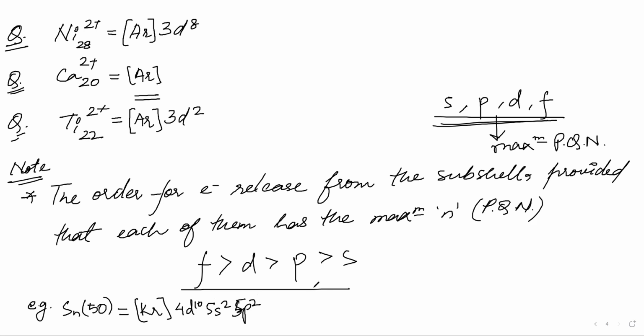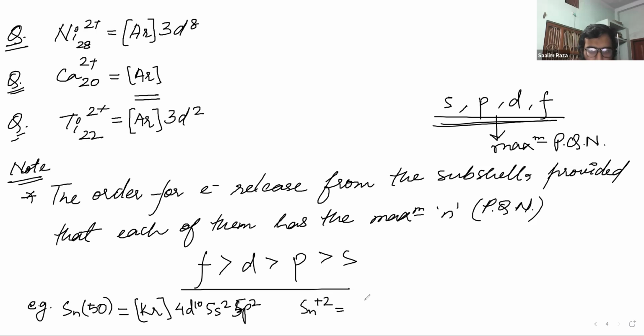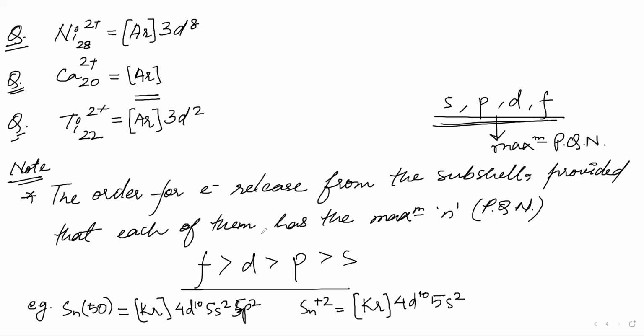So Sn2 plus will be equal to krypton 4d10 5s2. Okay, sir. Got it.